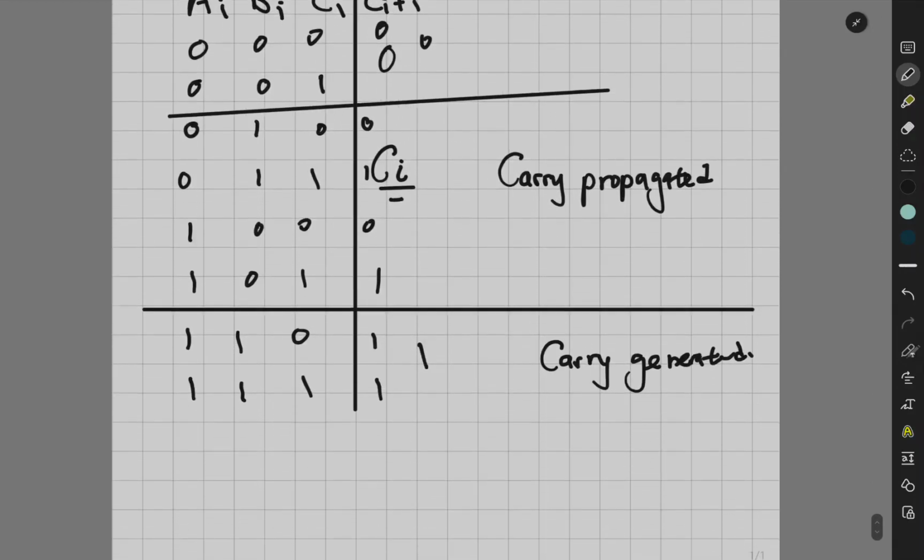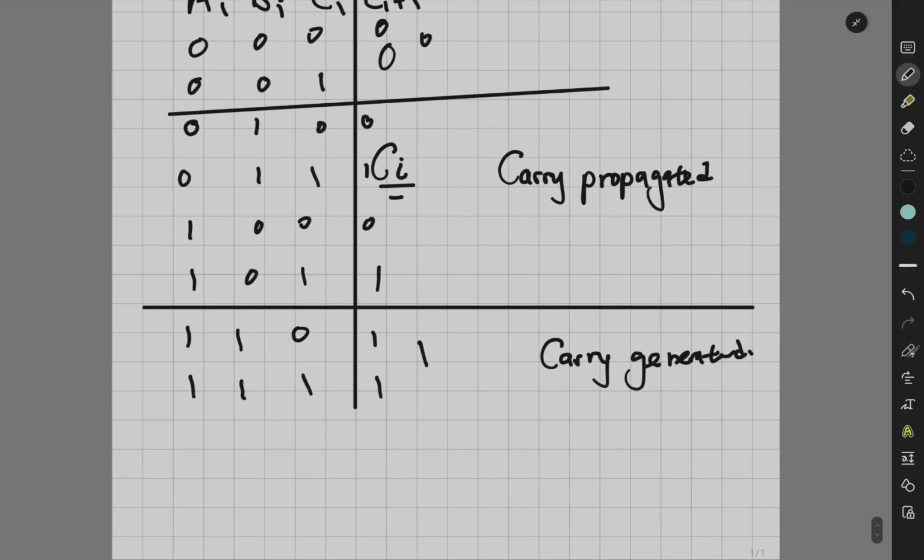So I call carry propagate P. What is carry propagate? It is A or B, right? Because if A is 1, then it will output 1.